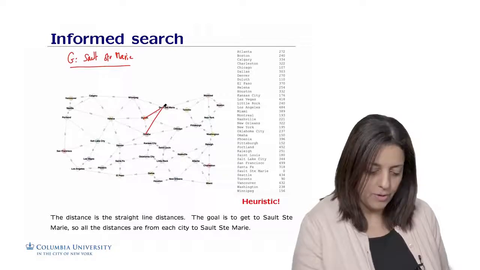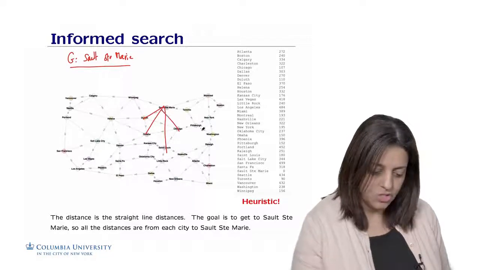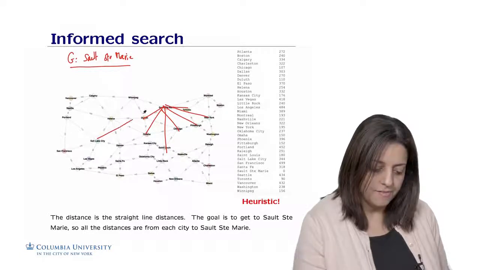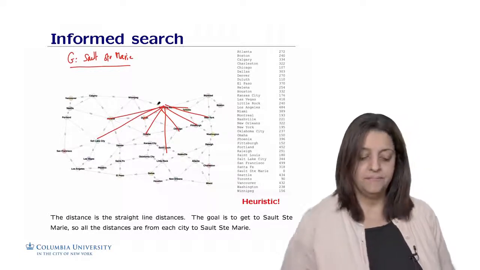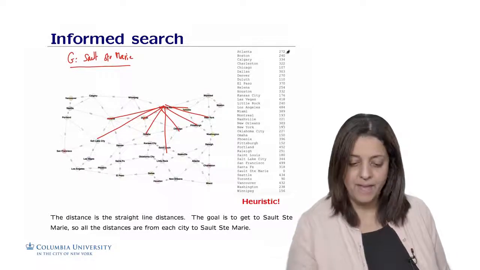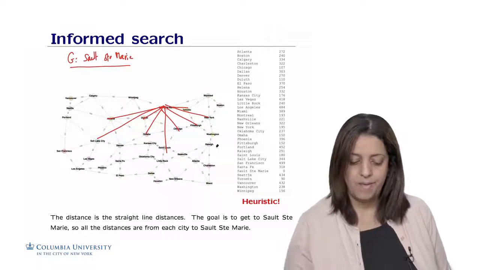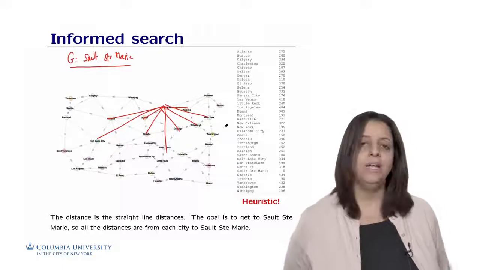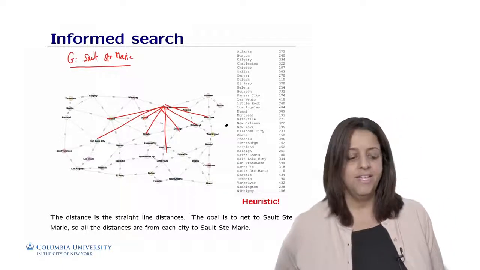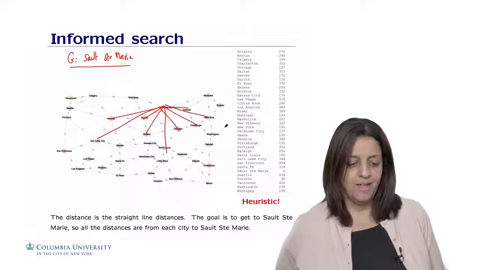We have all these distances, just an approximation of how far Sault Ste. Marie is from each city. Typically Sault Ste. Marie to itself is 0, but then we have distances in kilometers from all the other cities. So how can we leverage that heuristic to make a better search? That is the question of A-star and greedy search methods.